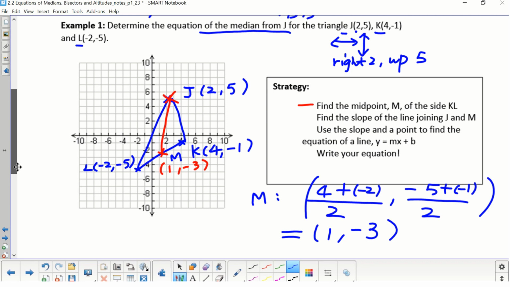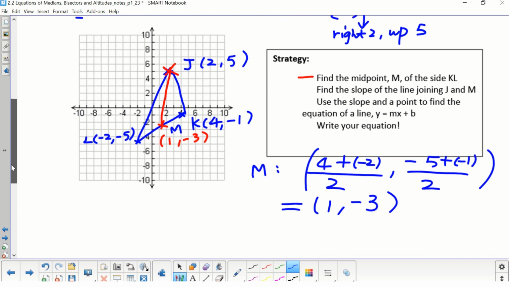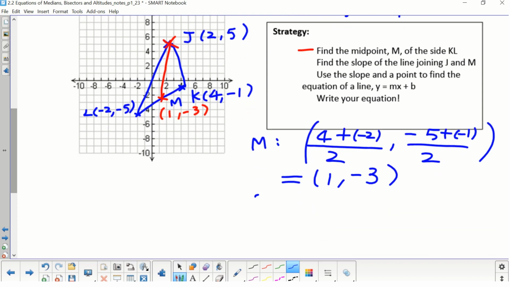So this is the midpoint, but after the midpoint, we want to find the equation of this line. We have 2 points given on that line. So another point is (2, 5). Can you find the equation of a line passing through these 2 points?